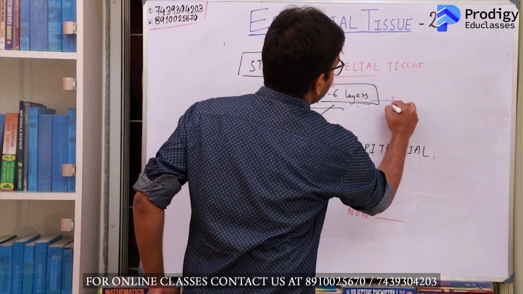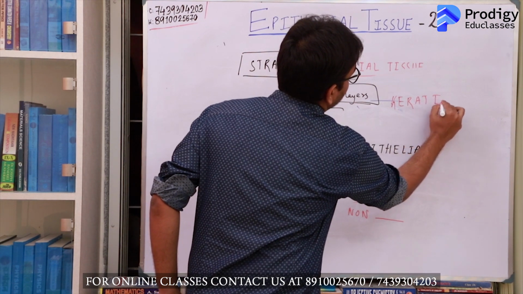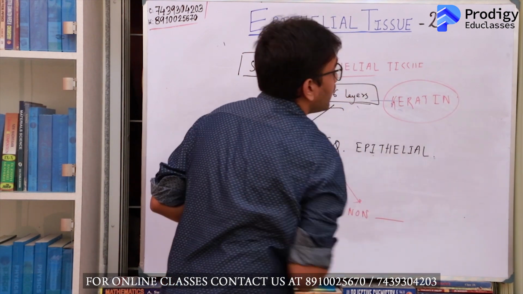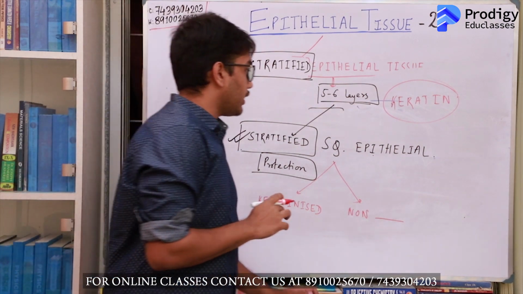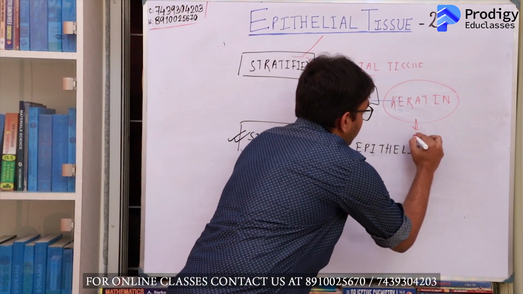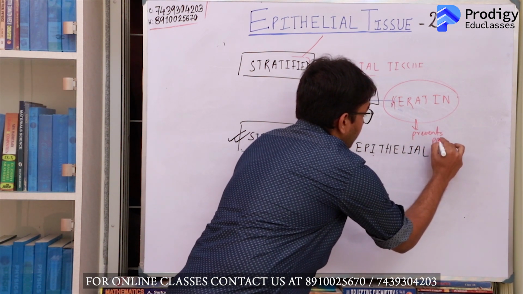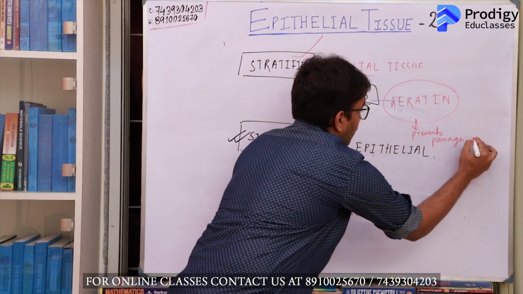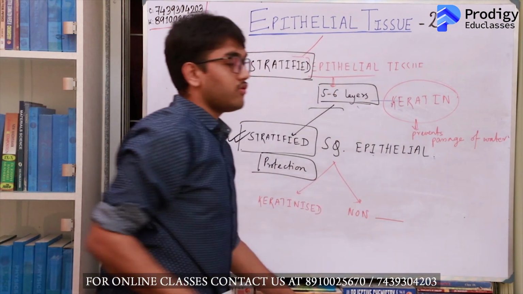Now keratin is a protein covering which prevents passage of water. So keratin is a protein which prevents passage of water.